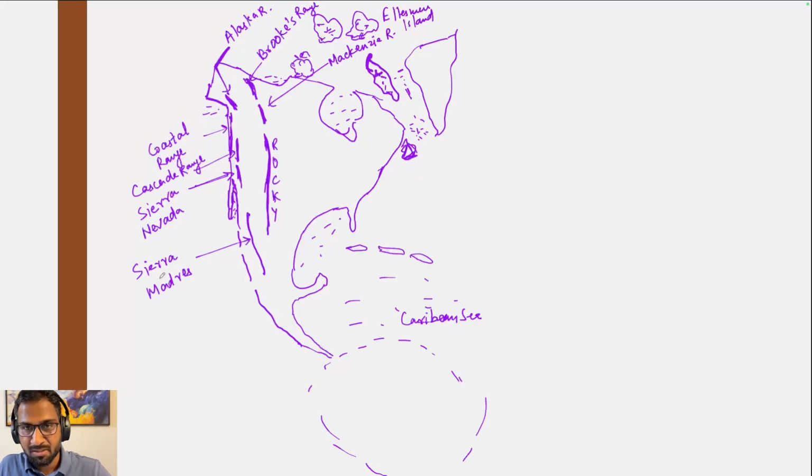Then on the eastern side, this is the Appalachian Mountains.